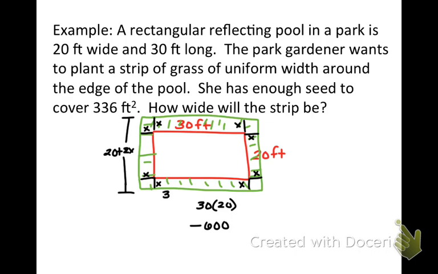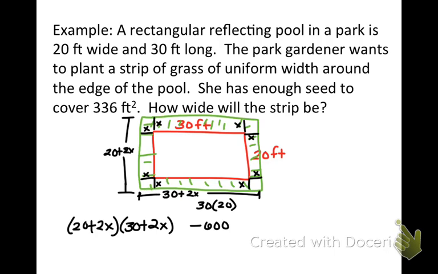Yeah, my length would be 30 plus 2x, right? Because we have to add that uniform width. So the area of the big rectangle, which I happen to have in green here, is going to be 20 plus 2x times 30 plus 2x.